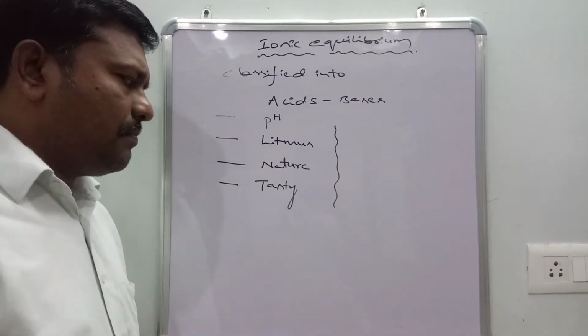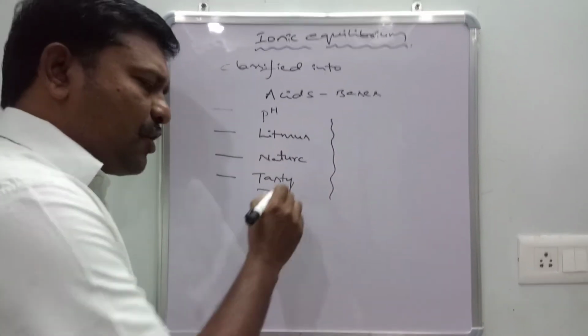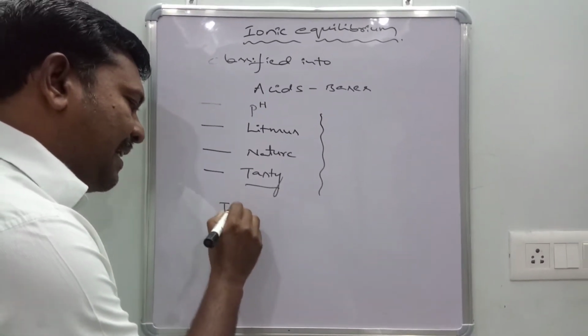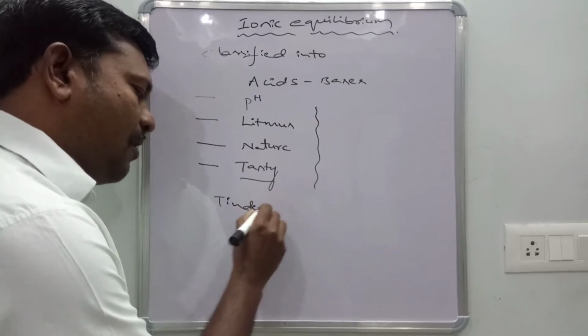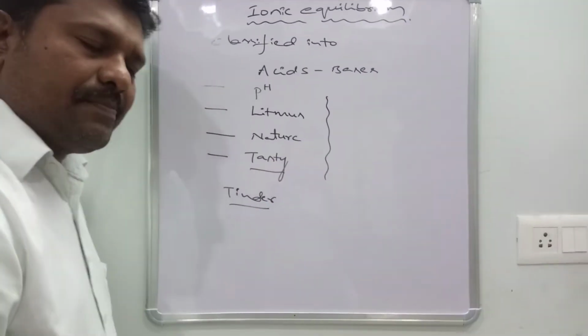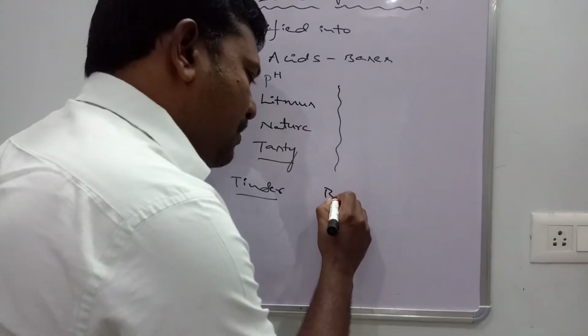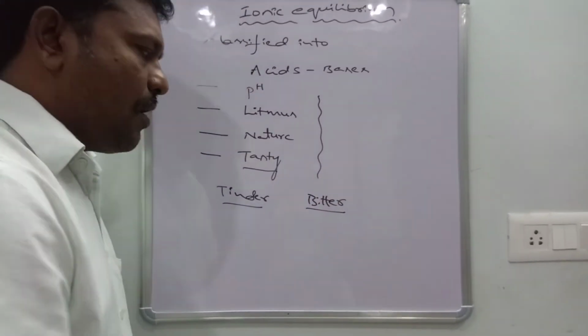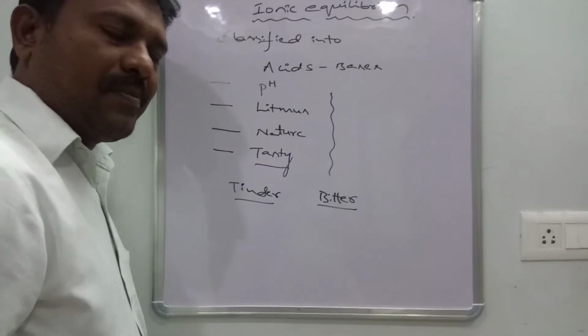For example, for taste, a sour taste means the compound belongs to acids. Compounds having a bitter taste belong to bases.